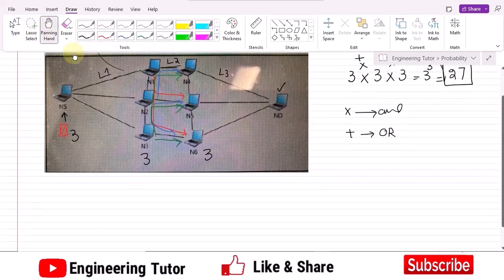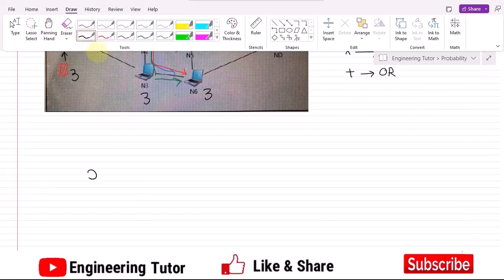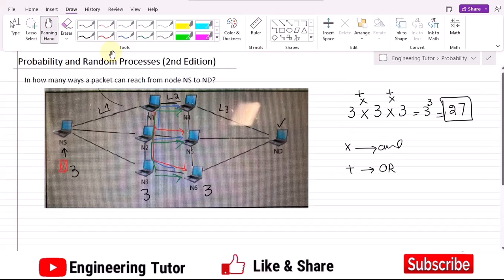So many people may find it very confusing because they may see it like this one. Here they can see that at this point it will have this choice, similarly here it will have this choice and this choice, but they are not going to encounter it.